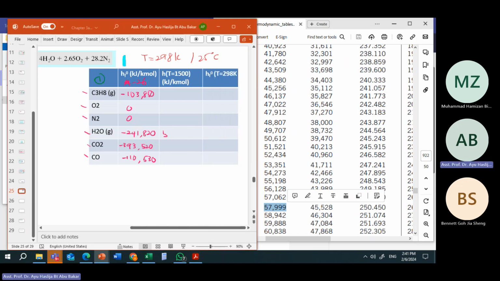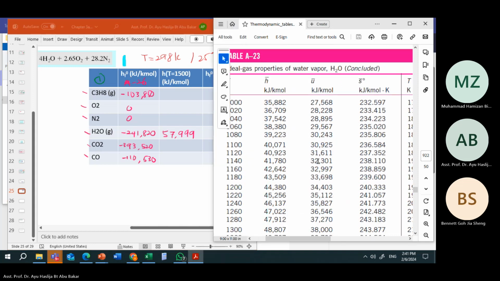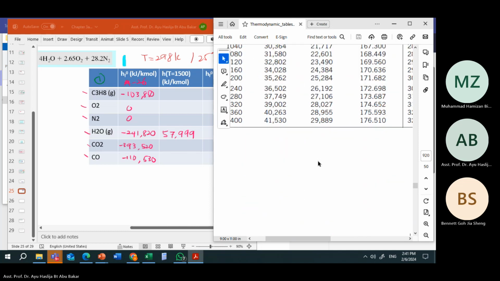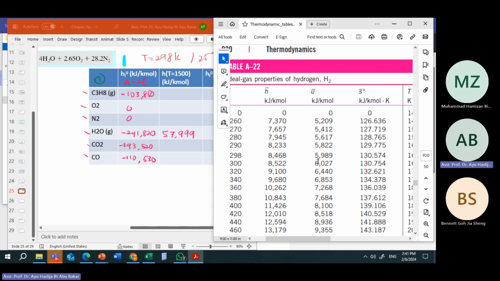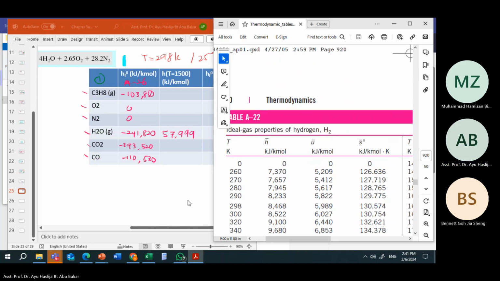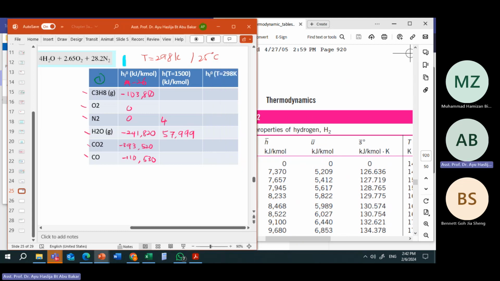Nitrogen 47,073. Betul. So, CO2, 71,078. Ya, betul. Carbon monoxide 37,517. Yes.